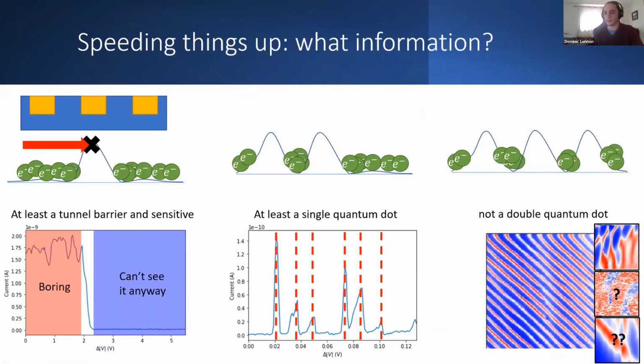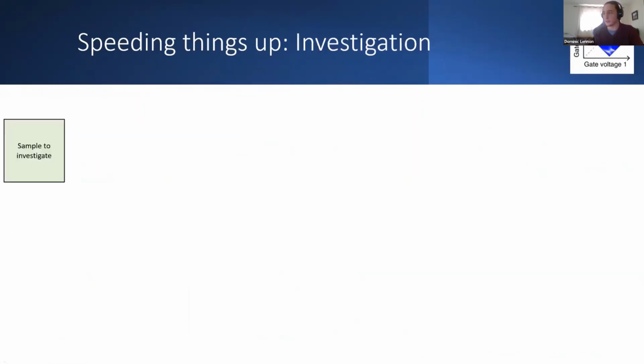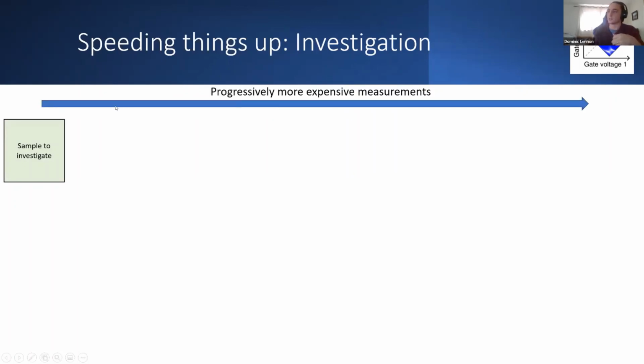So how do we apply this to the investigation of the device? Well, ignore how we make the decision for now. Imagine we are given a point in gate voltage space and told to evaluate it. The method we employ is to progressively employ more expensive measurements that provide information.